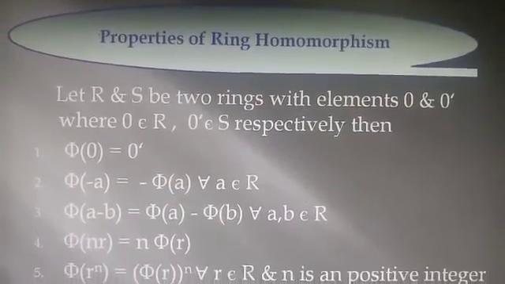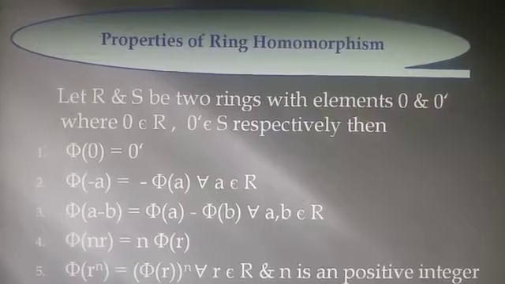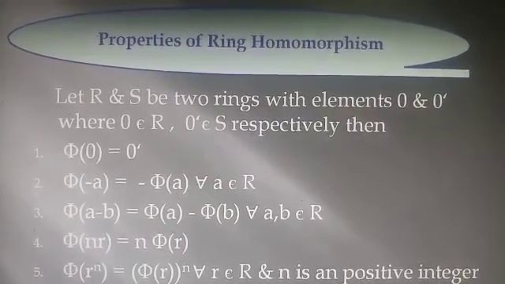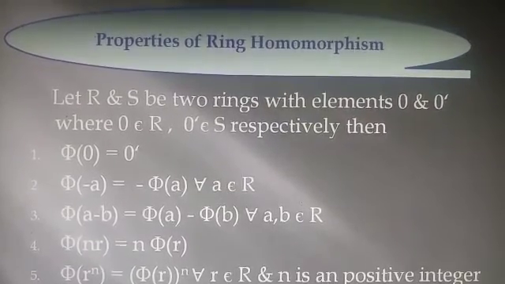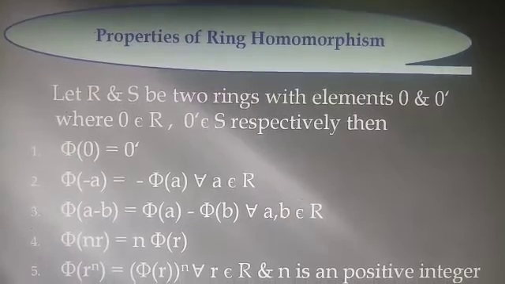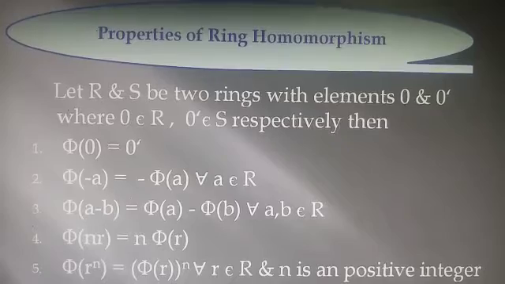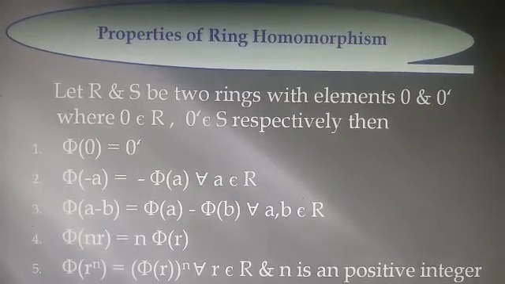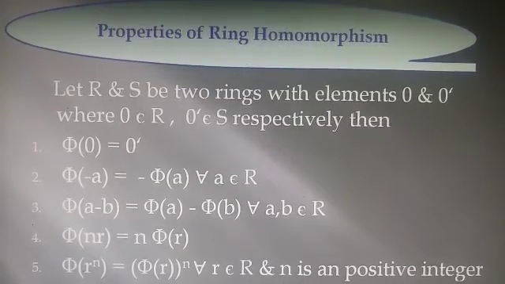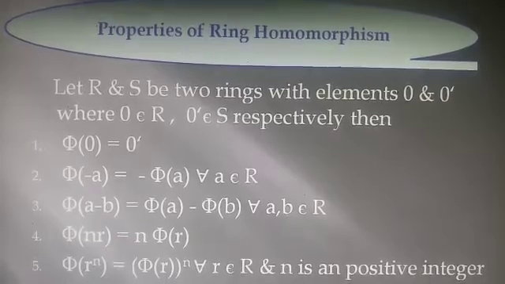properties of ring homomorphism. In the properties of ring homomorphism, we consider capital R and capital S to be two rings with the elements 0 and 0 dash, which belong to the ring R and S respectively.